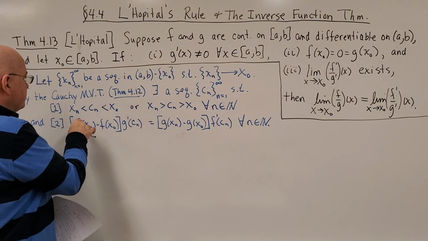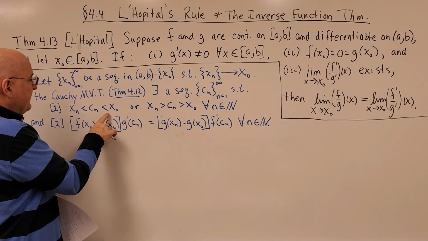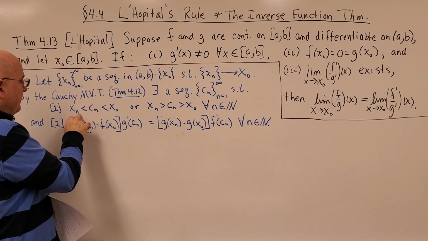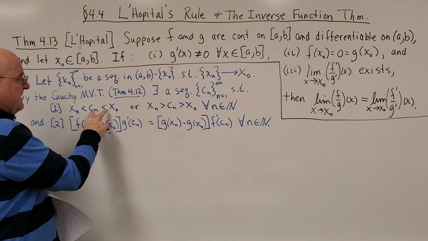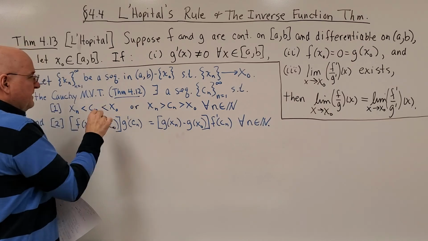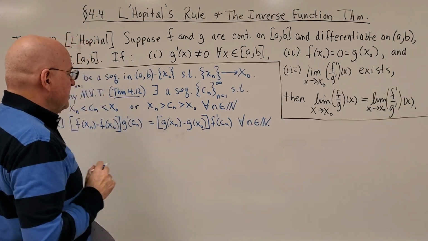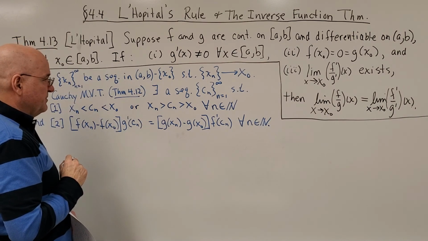Well, the first one is we're just choosing Cn to be strictly in between xn and x naught. So depending on whether xn is to the right of x naught or to the left of it, it's either going to be this case or this case. I could have said just make Cn strictly in between x naught and xn for all n in the natural numbers.